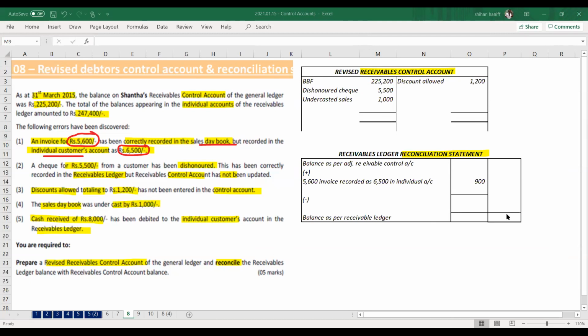I want plus or minus and the amount. The credit entry has been debited. Let me explain that.